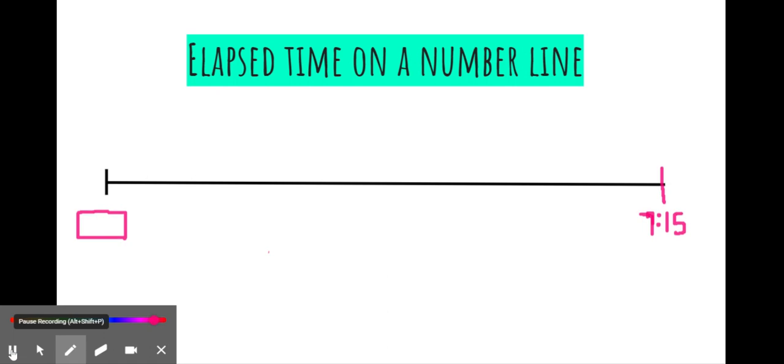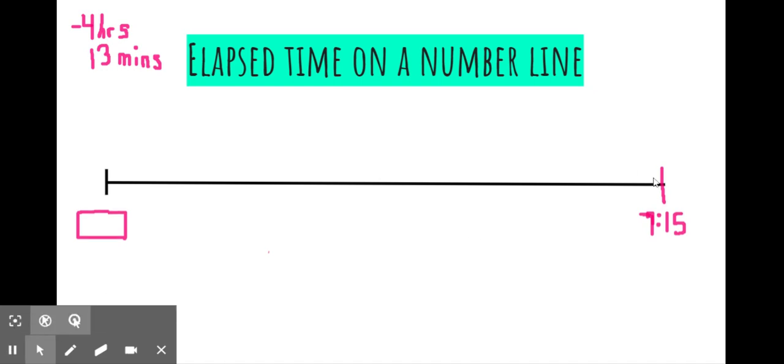Write down the end time, which is 7:15, and leave the beginning time blank. We are then going to add in our hills, mountains, or however many rocks that we need. At the end, we will make sure that we have moved the required amount of time. For this problem, we need to go backwards 4 hours and 13 minutes.